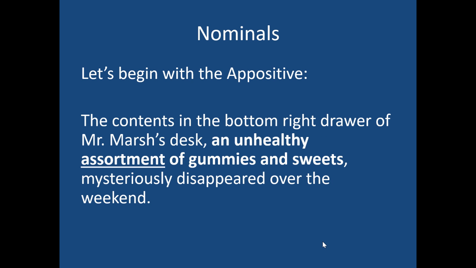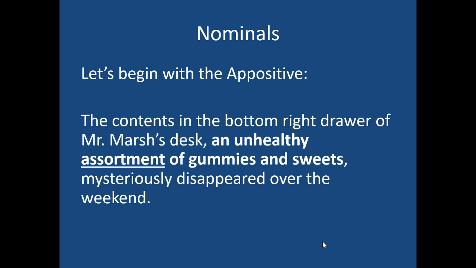If I said, the contents in the bottom right drawer of Mr. Marsh's desk, an unhealthy assortment of gummies and sweets, mysteriously disappeared over the weekend. Once again, here's this word assortment. One thing I want to draw your attention to in these first three examples is that the appositive sometimes is right next to the noun it's actually renaming, and sometimes it's a little further away.